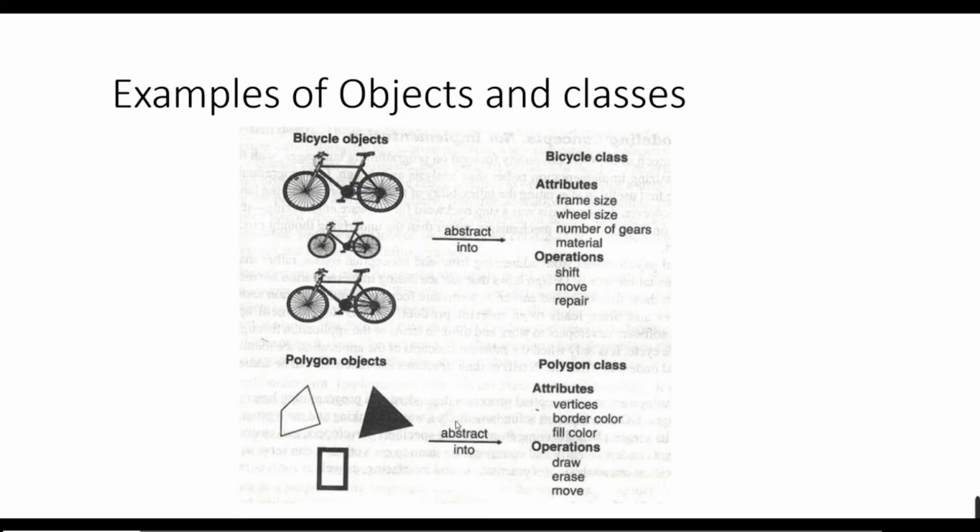But sometimes for the same group of objects, if the software is different, the class may be different. It means that objects are sometimes real world objects, or conceptual, or objects in the computer system.